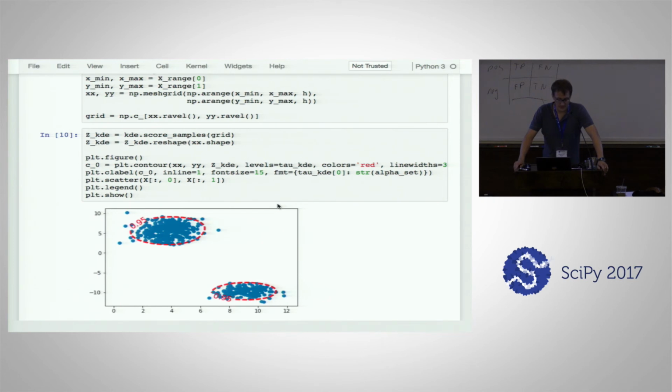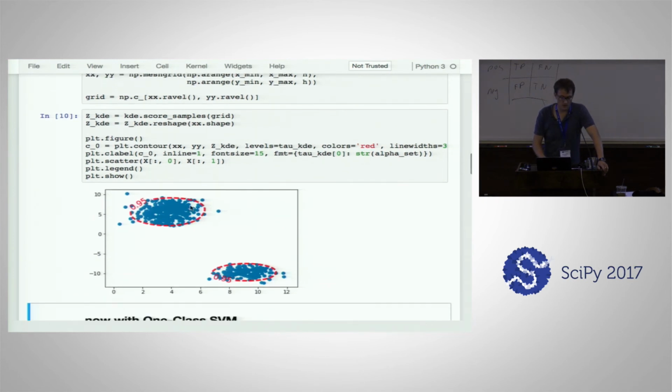Here I set the quantile at 95%. It means that I constructed the decision so that 5% of points are outside and the rest is inside. What this tells you is that there are two kinds of parameters here. One, which is very explicit, is the fact that you assume that only 5% of the points are outside.